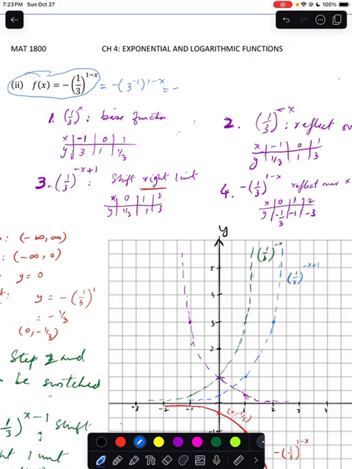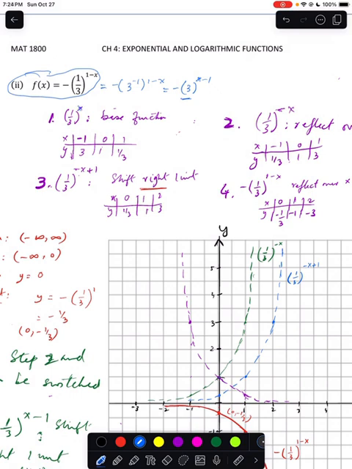So we get negative of 3 raised to negative 1 plus x, or x minus 1. If you notice, this is now an exponential function with base 3. We can take this as our base and do the problem, or I went a step backward and took 1 over 3 to the x as my base function.